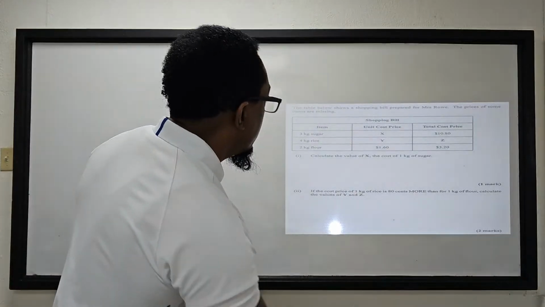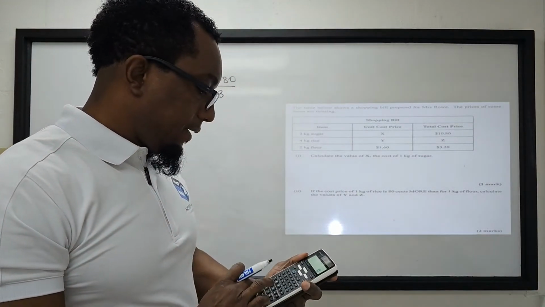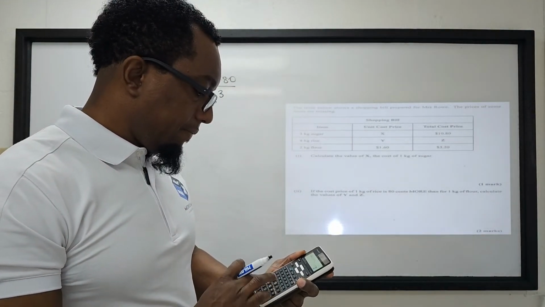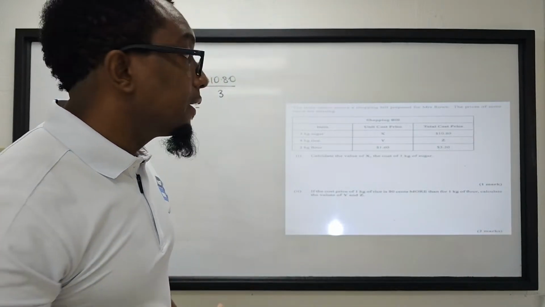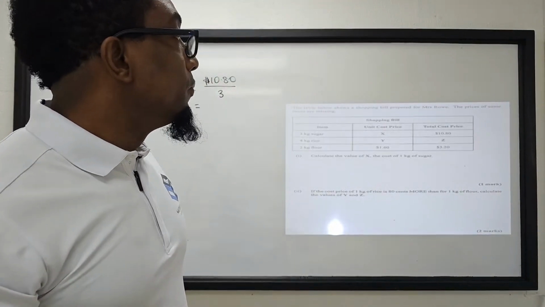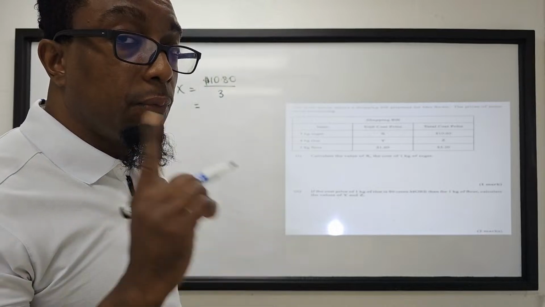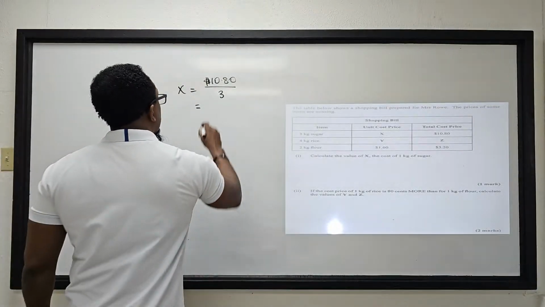So $10.80 divided by 3 will give us $3.60, the unit cost price of 1 kilogram of sugar.